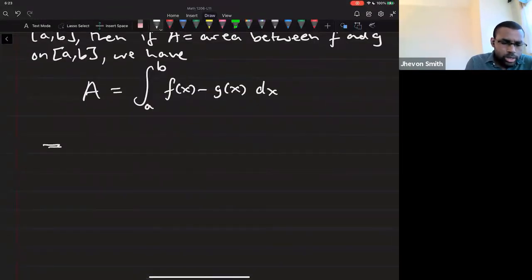Or in other words, generally what you want to do is top function minus bottom function.